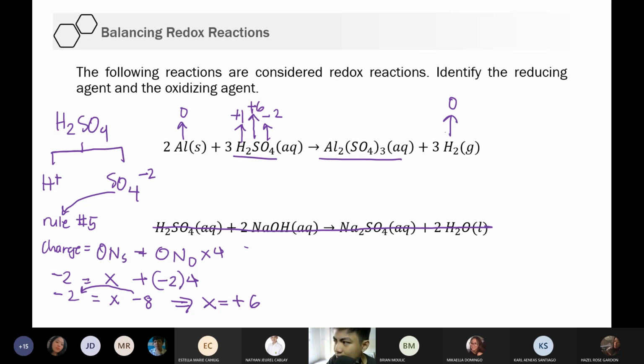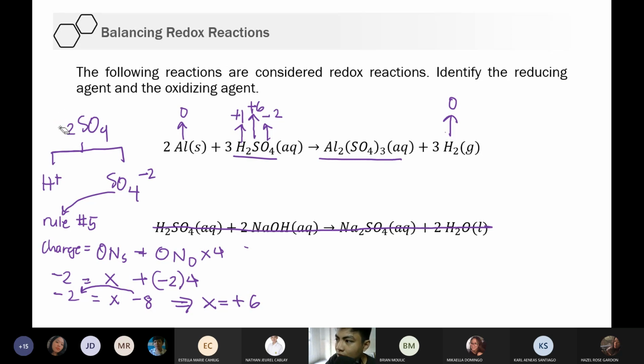So how about this thing here? Al2(SO4)3. So just like what we did kay sulfuric acid, split this into ions. Kailan mo i-split siya into ions? Pag ionic compound yan, okay? So yun. Ganun yung tip ko ha. If you have an ionic compound, split them into ions.